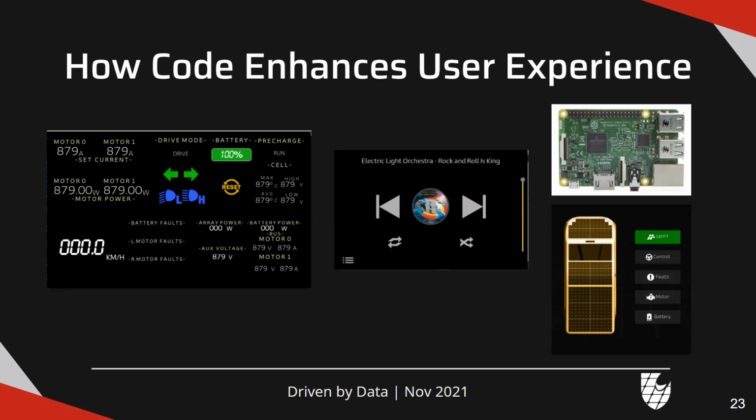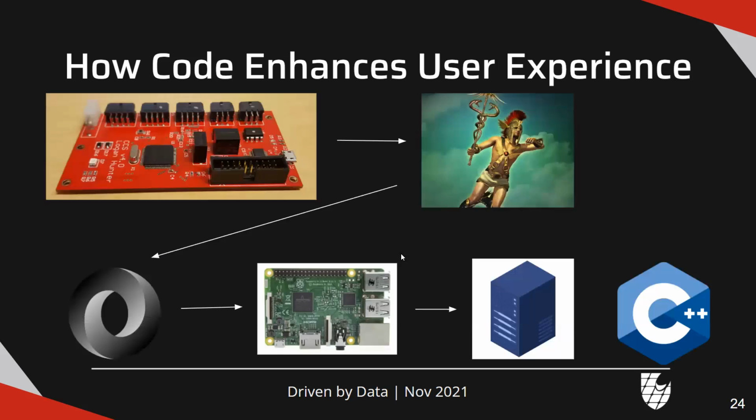All of these displays are hooked up together in a mini computer known as the Raspberry Pi. That's the picture in the top right there. They're pretty useful. They let us run all sorts of things. The Raspberry Pi is the center point for communication between the car data and the telemetry site.